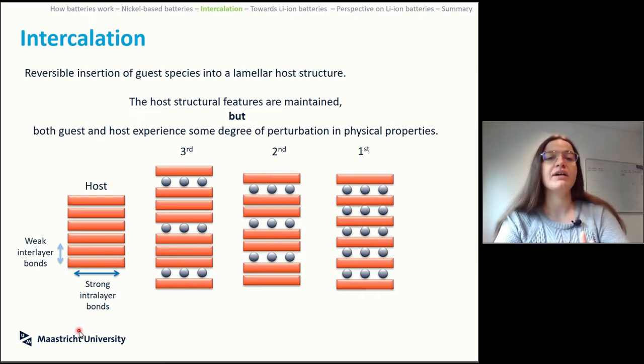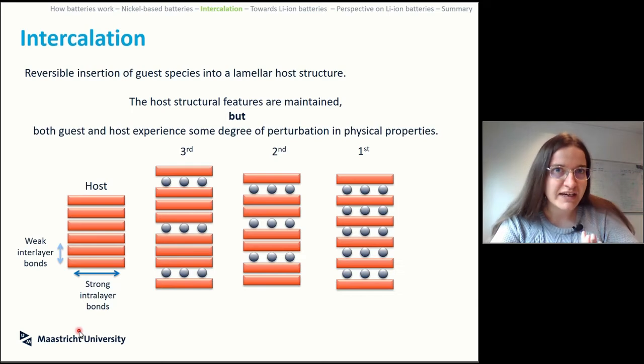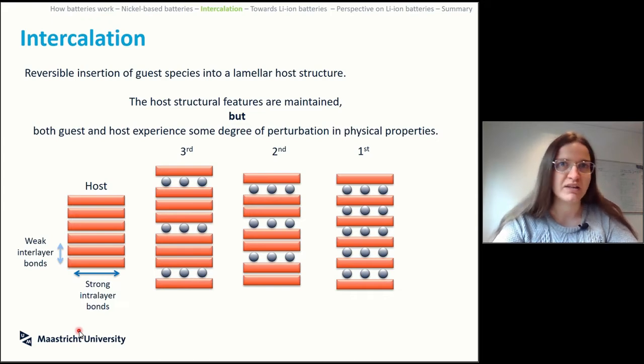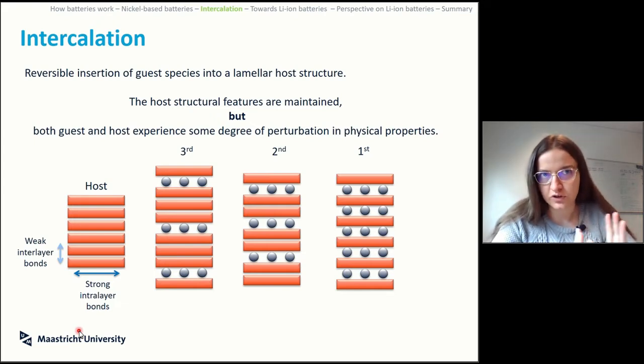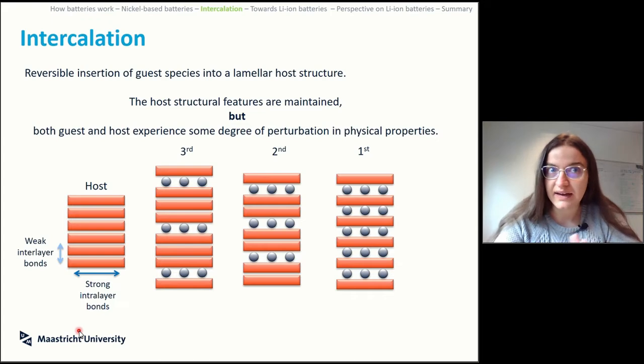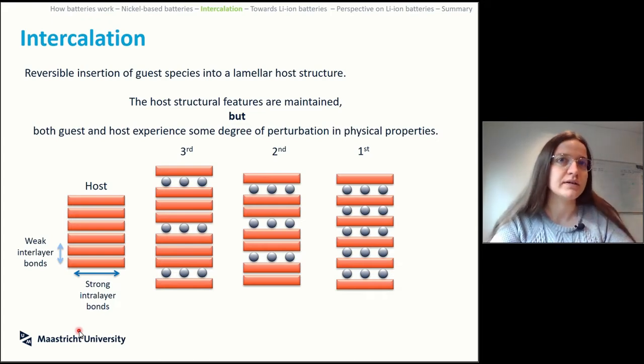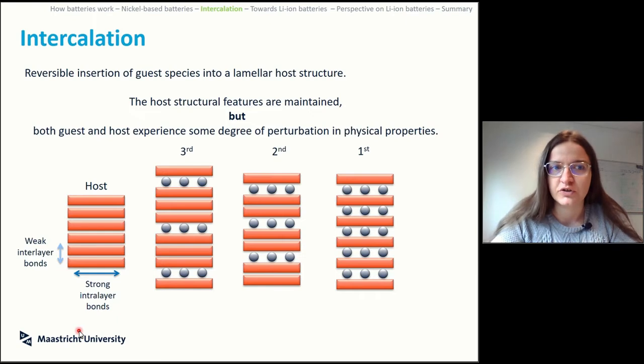So the requirement for a really nice intercalation is that you keep the characteristics of your host, so the structure of the host is fundamentally the same, but there is a degree of perturbation of the structure, like bond length and electron density, that inevitably changes the physical properties that your structure can experience.